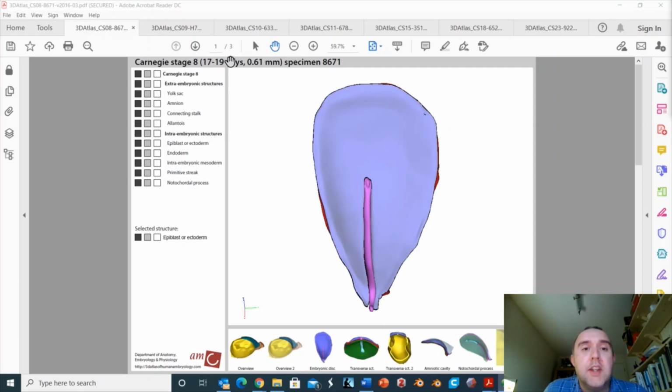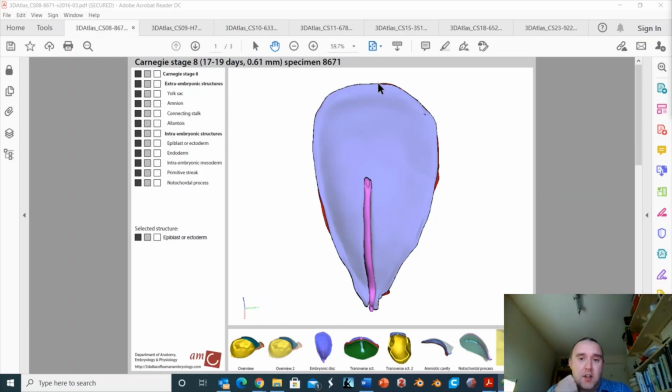However, I prefer to think in terms of the number of days old that the embryo is. It's given as a range. And even more interestingly, we're also told the size of the specimen. So in this case, this embryo here is only 0.6 millimeters long. So just keep your eye on those numbers and you'll be able to get an appreciation then of how small some of these things are that we're talking about.